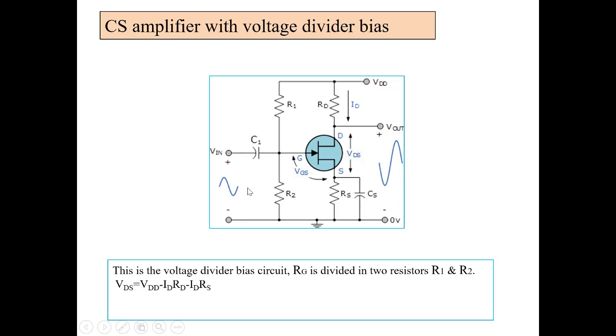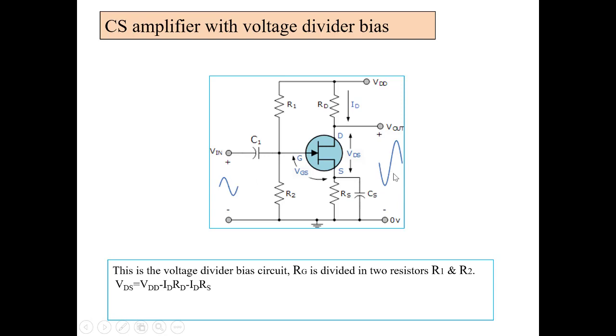I have shown a small sine wave at the input terminal, and across VDS, across the drain terminal, we get the output waveform as shown in the figure, which is magnified, or you can say amplified. You can see this is the small waveform and this is the big waveform compared to the input, right? So we can easily explain that the output is an amplification of the input.